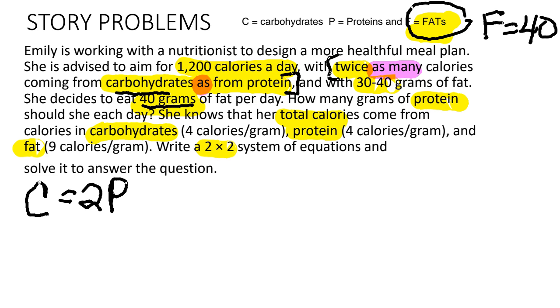This is where the word total calories comes into play. Total means we're adding, but there's a little catch with that add. We are told that total calories comes from fats, but it's 9 calories per gram. This slash means per.